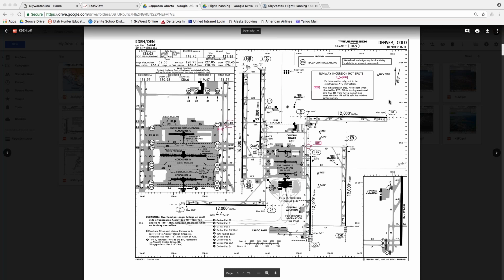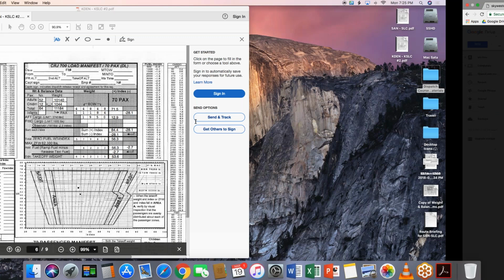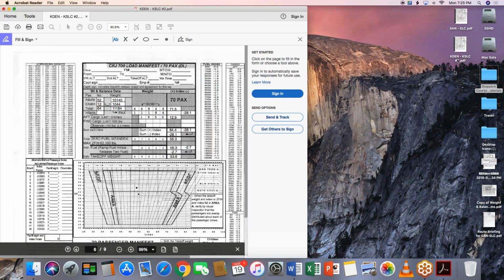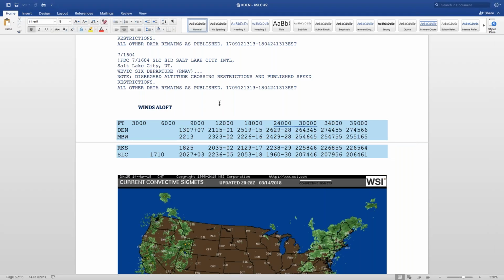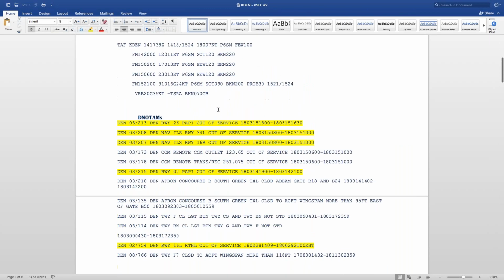Let's check out our NOTAMs really quick, just to make sure 34 left is really good. I think on this one there were 5 concerns that we highlighted.